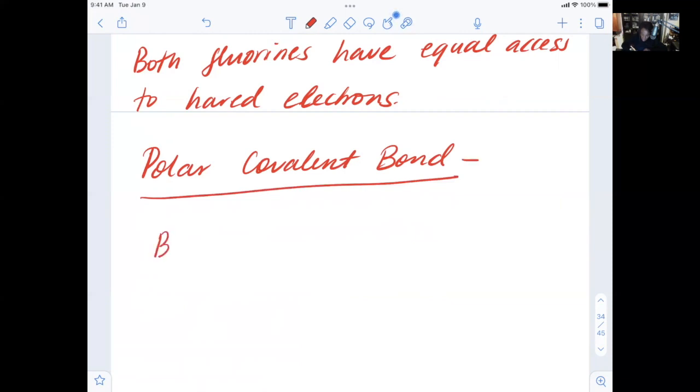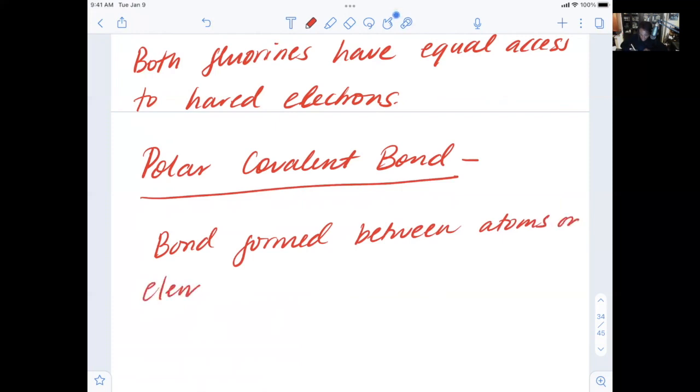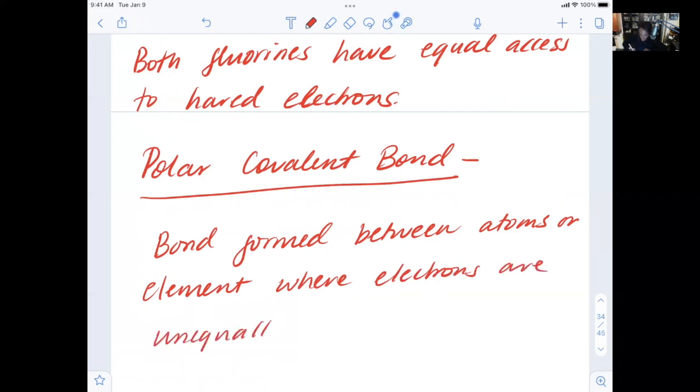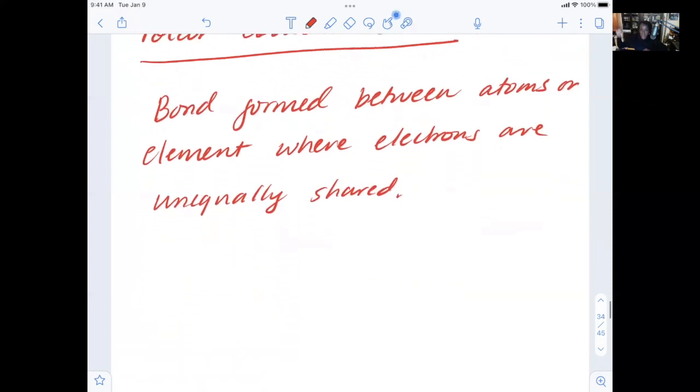Okay. So to illustrate unequal sharing, I'm going to use a custody battle because I feel like that really explains it. When you have a polar covalent bond, this is the opposite of a nonpolar covalent bond. Here you have a bond formed between atoms or elements, same thing, where electrons are unequally shared. Okay, so once again, to really bring the point home, they're sharing, okay?